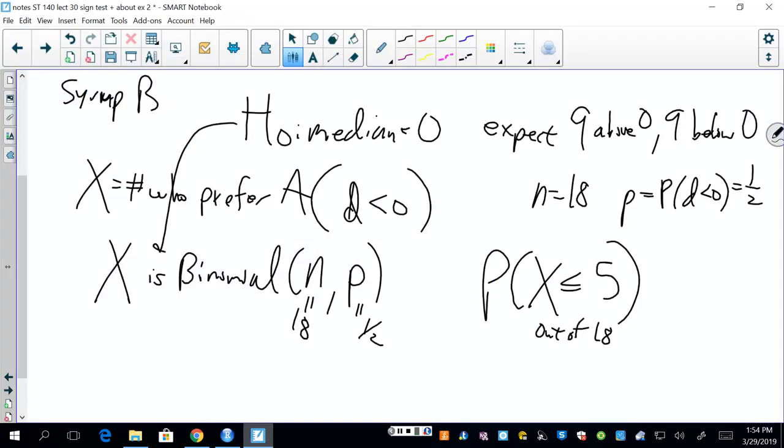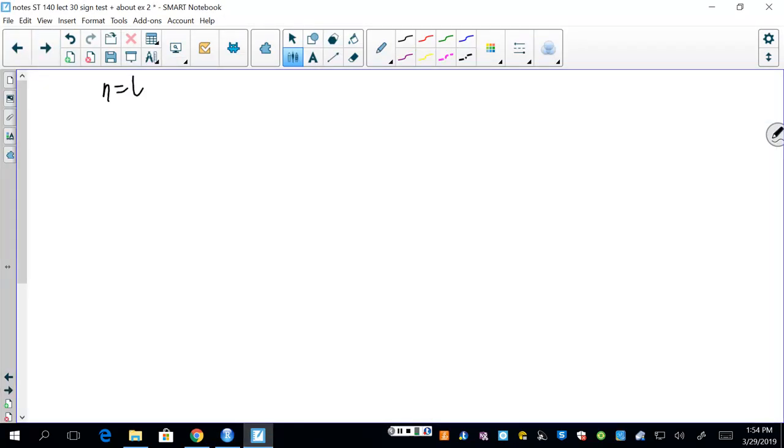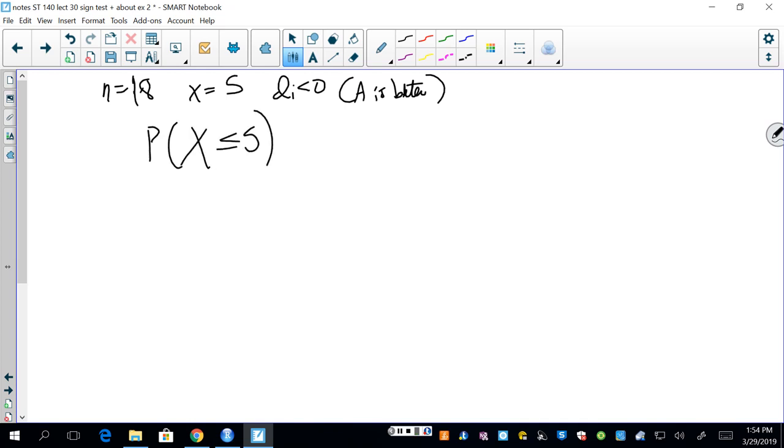So in this case, we had 18, this calculation. We saw 5 cases where the difference is less than 0, which means that A is better. And we're going to calculate the probability that our X is less than or equal to 5.